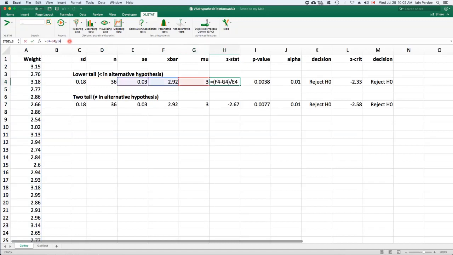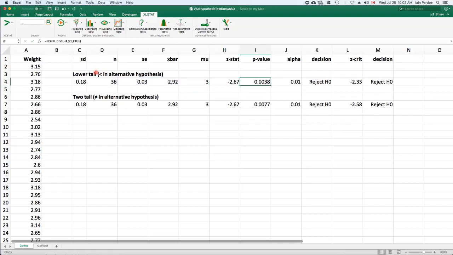Our Z statistic, and we can use a Z statistic in this case because we're assuming the population standard deviation is known, so we can use a normal distribution, is equal to the sample mean minus the hypothesized mean, all divided by the standard error, and that comes to minus 2.67.